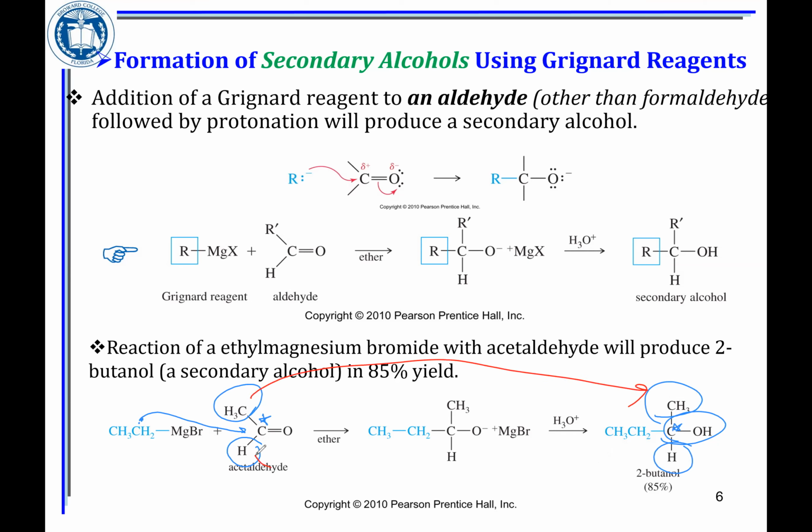If we call this one the R prime and then the hydrogen, so hydrogen would transfer, the R group is going to transfer, and the new bond that is forming is between the negatively charged carbon from Grignard and the positively charged carbon from carbonyl group. After you hydrolyze, you get secondary alcohol.